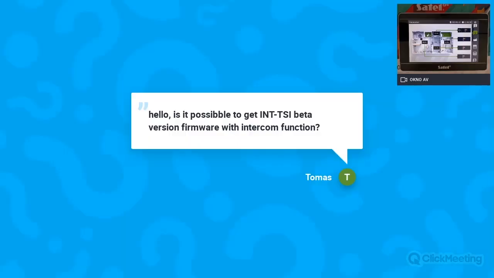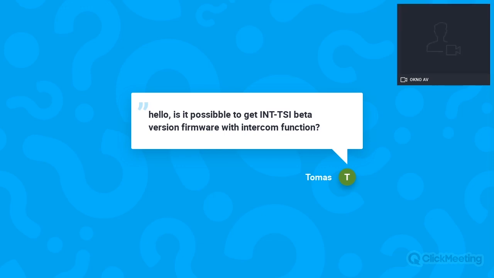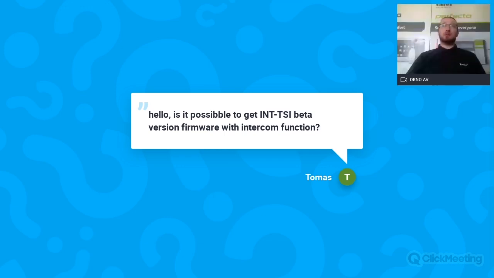Okay, we will start with the first one. Questions. Is it possible to get INT-TSI beta version firmware with intercom function? Yes, Thomas, you can. Go to our info.satel.pl, put a request for the beta there, and you will receive back information about what you need to do, what modules we support right now with our devices, with the TSI.